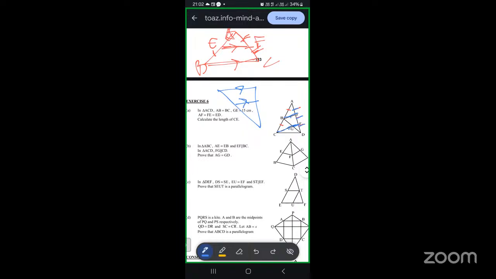This is B, this is F, this is E, this is D, this is G. Okay, and we are given that this is equal to that. Therefore, we can come to the conclusion that this is equal to that, midpoint theorem. Do you guys understand that part?